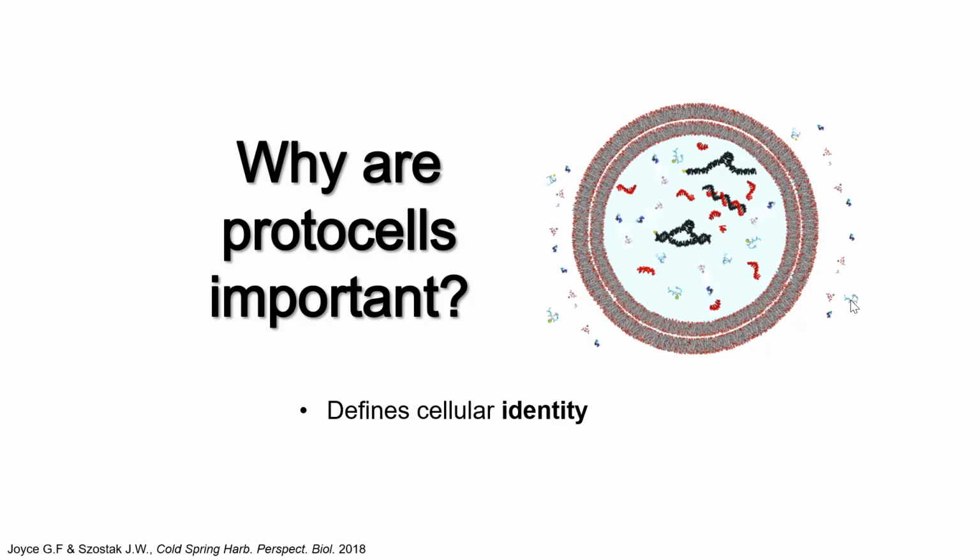Well, first of all, when we think about protocells, we are thinking about a system that is physically separated from the solution. So we have, as we said before, a primitive content that is hosted inside a primitive compartment. And that primitive compartment is a physical boundary that separates the inside from the outside. This means that that compartment helps define the identity of the system that we have.